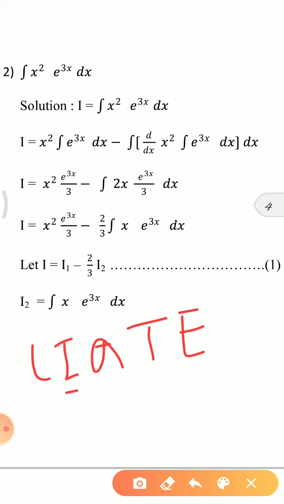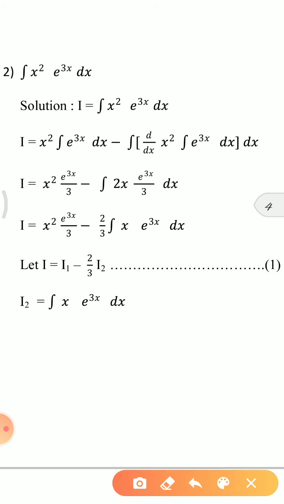L for logarithmic, I for inverse function, A for arithmetic or algebraic function, T for trigonometric function, and E for exponential function. See the order here, this x square and e raised to 3x. Exponential function is last, that means we have to take x square as u and e raised to 3x as v here.